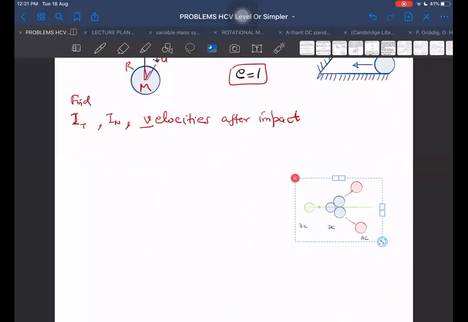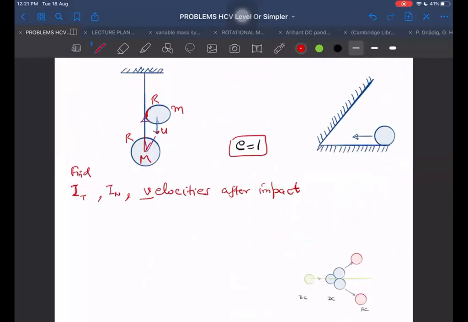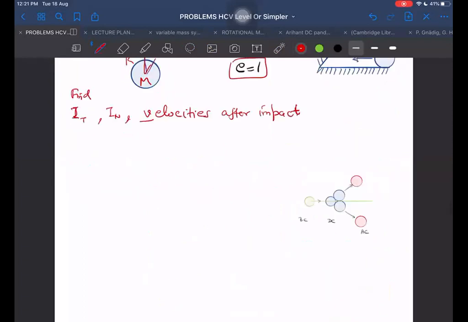So, to do this question, let me make some changes in this, or maybe I will make a new diagram again.